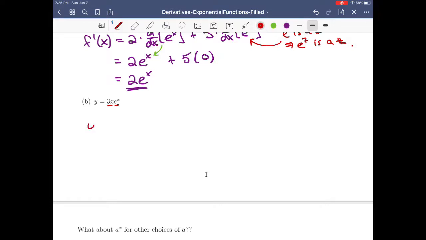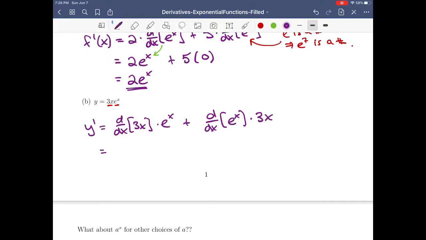Using the product rule, y prime is the derivative of 3x times e to the x plus the derivative of e to the x times 3x, the first function. The derivative of 3x is just 3, so it's 3 e to the x.